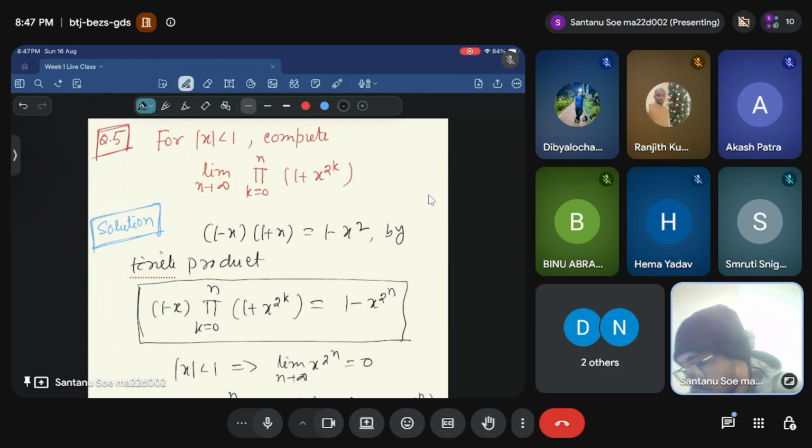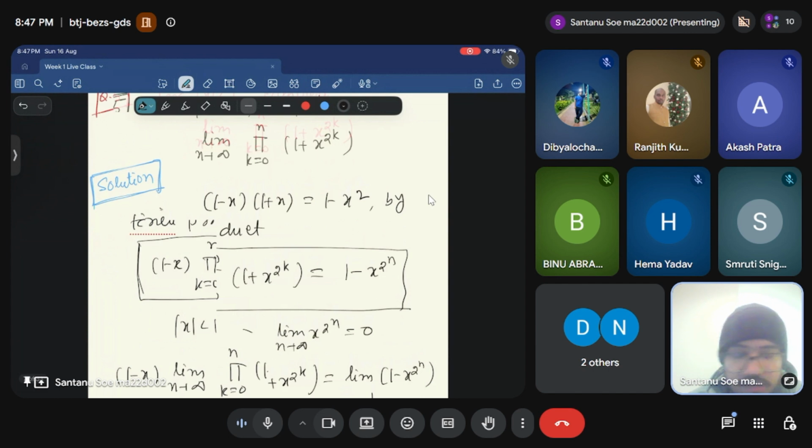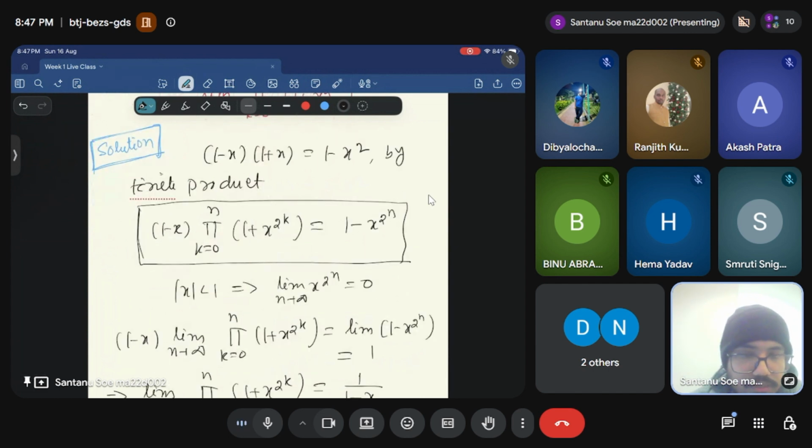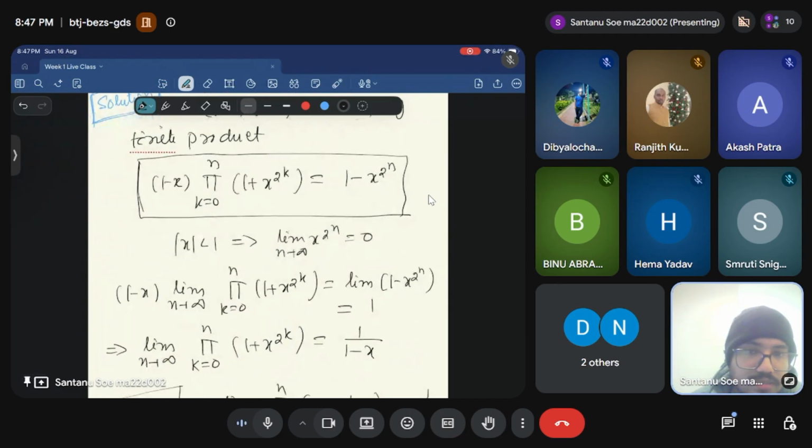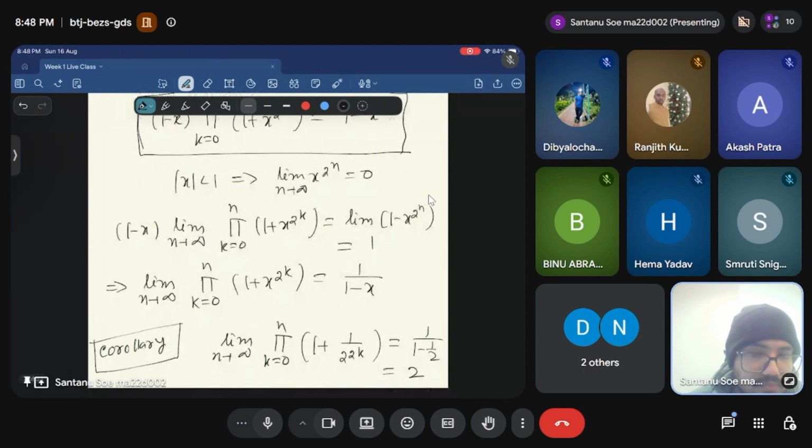Okay, and we know that modulus of x less than 1 will imply the limit of x to the power 2 to the power n is 0, which is what I've seen similar in the geometric series, correct? So that means the limit of the product is the same as the limit of 1 minus x to the power 2 to the power n divided by 1 minus x. Now since the limit of x to the power 2 to the power n is 0, this limit is just 1 by 1 minus x, correct?